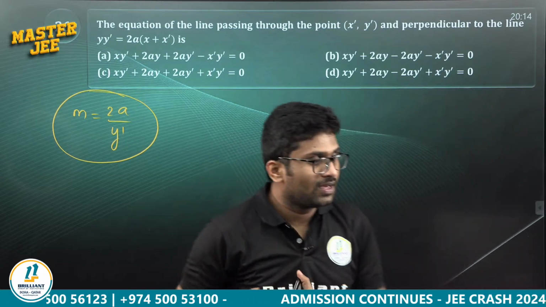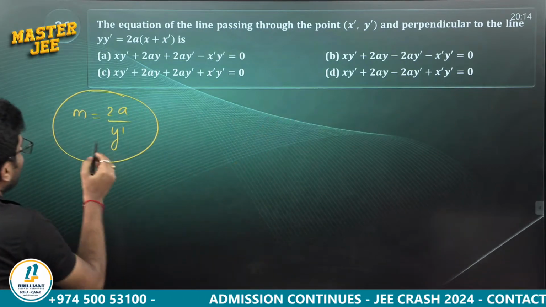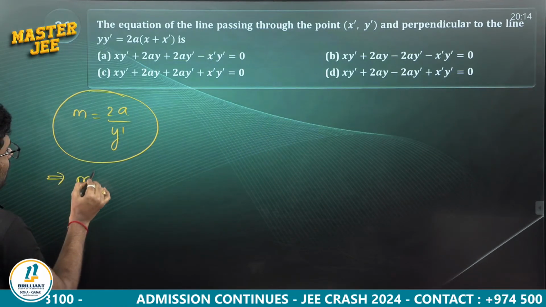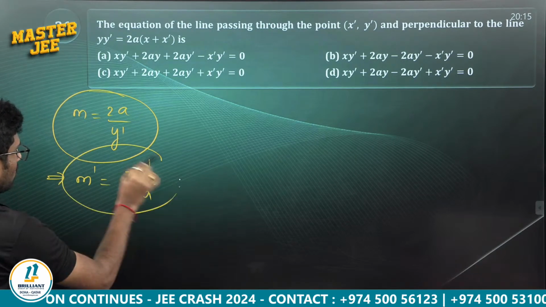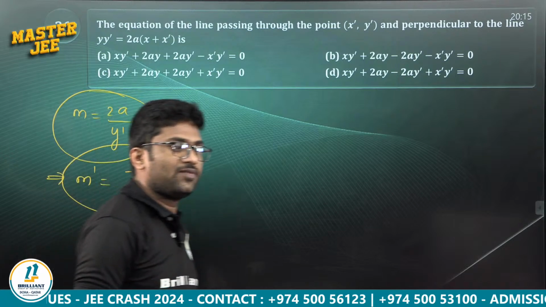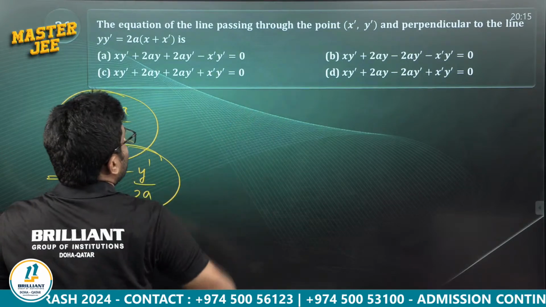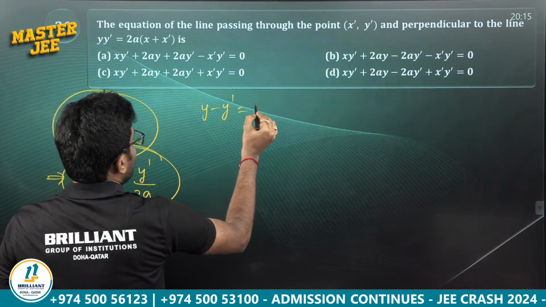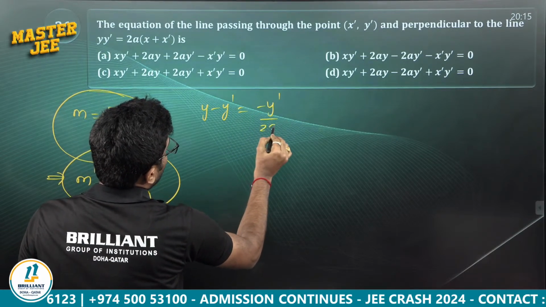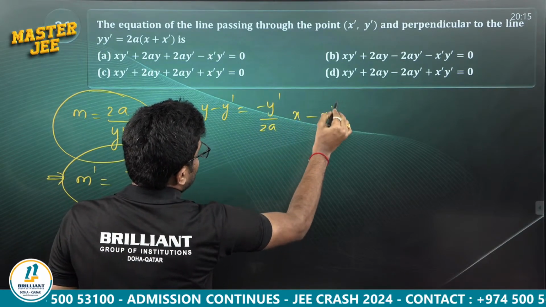Have you got, guys? Now what is the slope of this perpendicular line? M dash will be minus y dash divided by 2a, with this slope and that point. So y minus y dash is equal to minus y dash by 2a into x minus x dash.